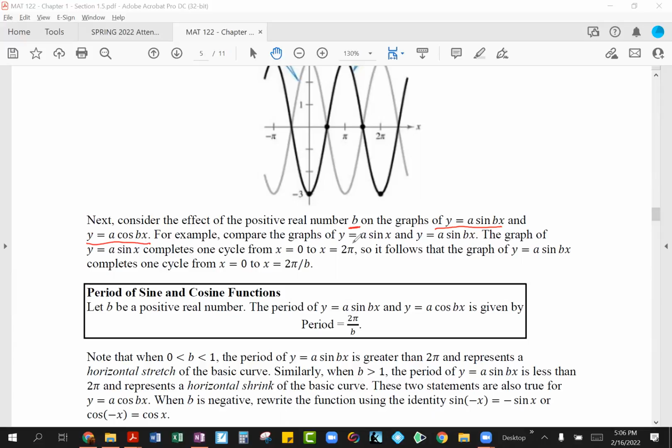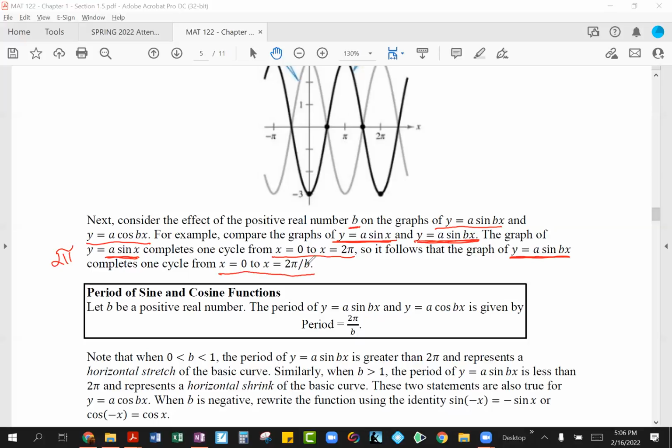If you compare the graphs of a times sine of x and a times sine of bx, the graph of the original function a times sine of x completes one cycle from 0 to 2 pi, because that's the period of the sine function. So it follows that the graph of a times sine of bx will complete a cycle from 0 to 2 pi over b.